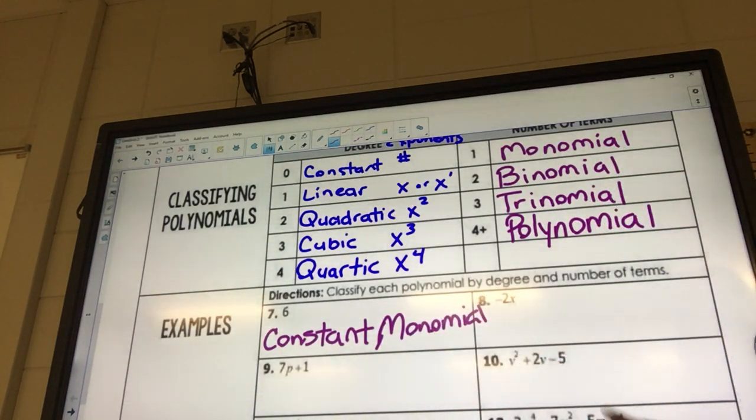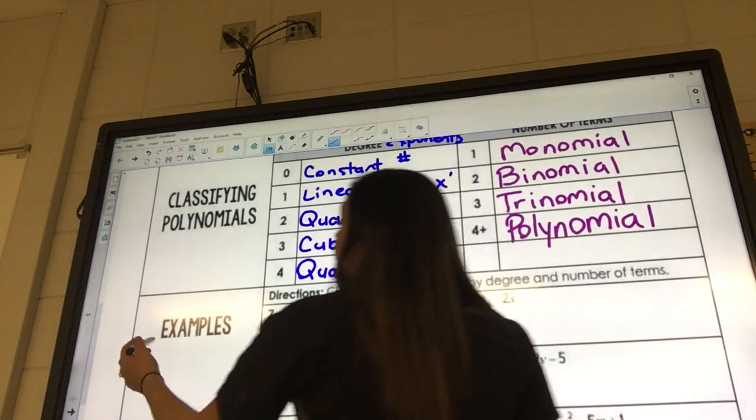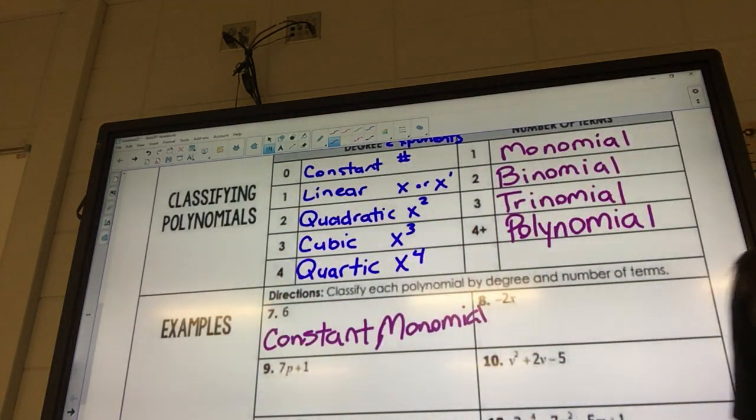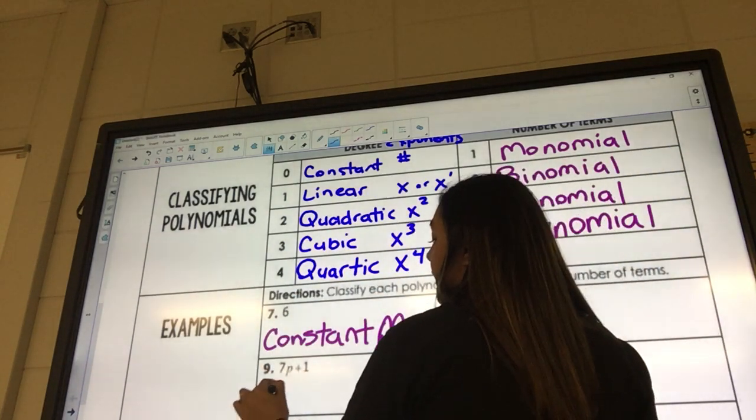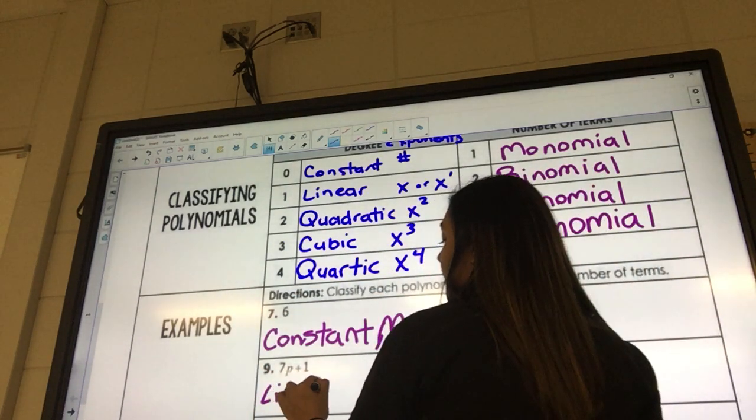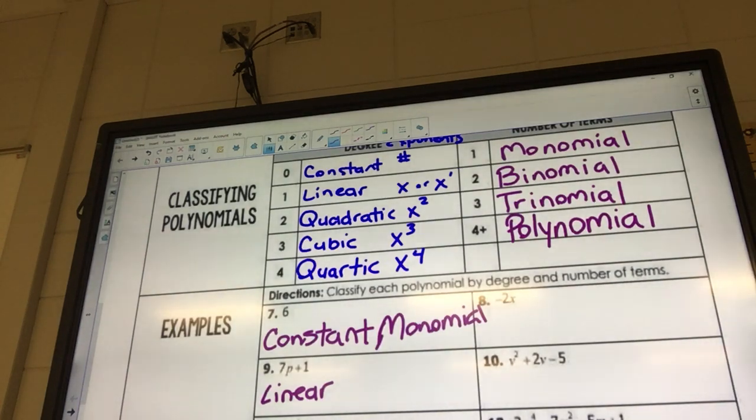So on all these, how many answers should you have? 2. Okay. So number 9, what is the highest exponent? 1. You only pick the highest. Okay, so it's going to be a linear. And then how many terms does it have?